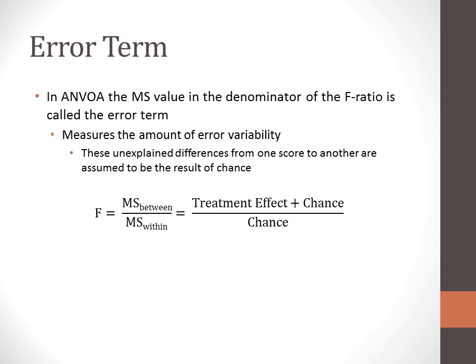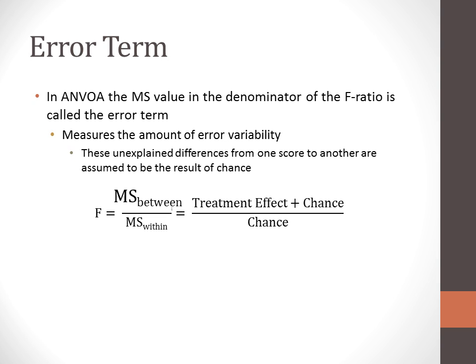A researcher generally hopes to obtain systematic and predictable differences between treatments. The error term is used by the researcher as a benchmark or standard for evaluating the differences between the treatments.